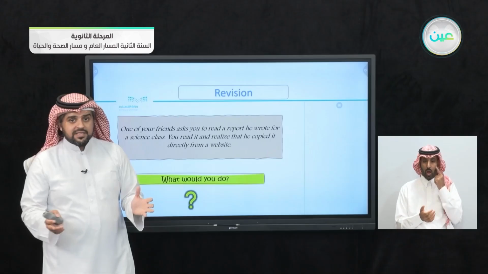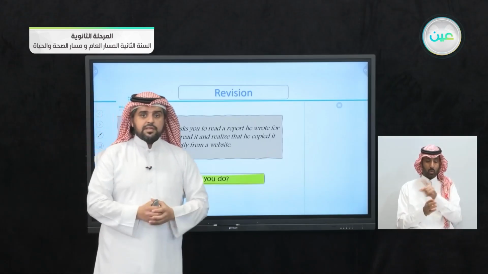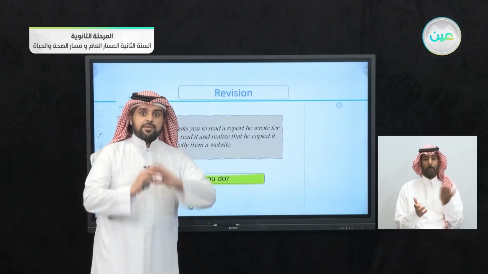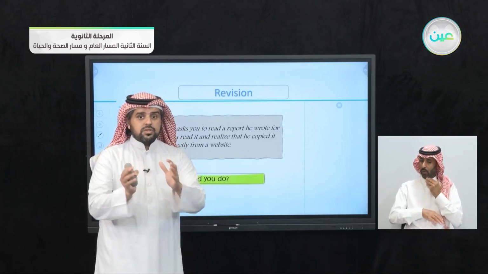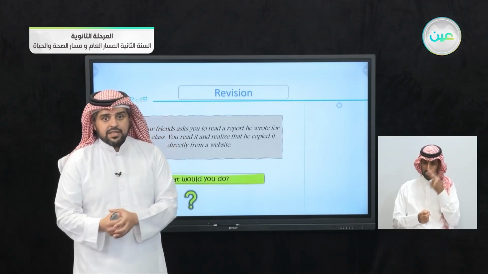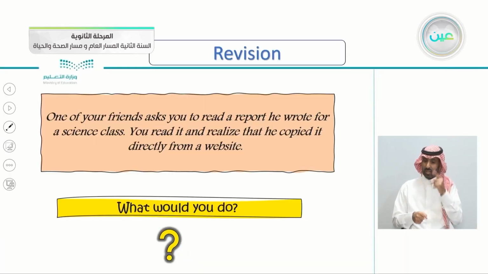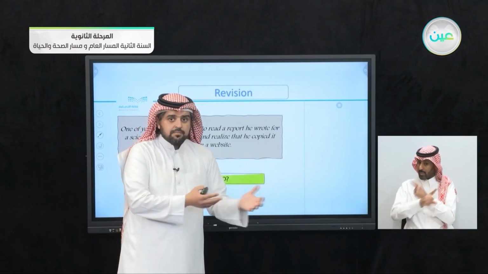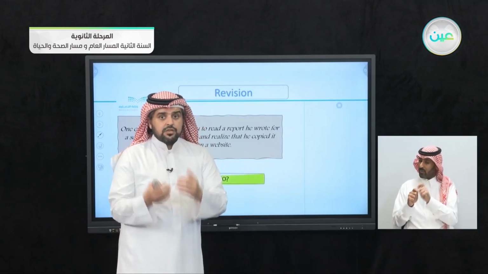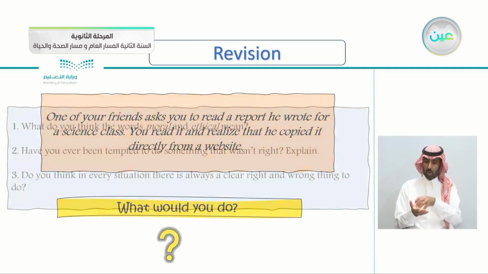This whole unit will be talking about hypothetical situations. What would you do if you saw your friend doing something wrong, just like this one? Would you tell the teacher about him, or maybe give him advice later not to do it, and so on?